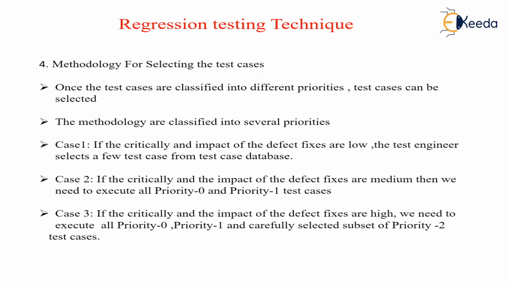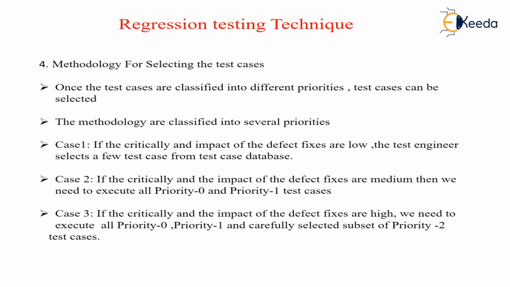Now, let us see fourth, the methodology for selecting the test cases. So, what are those methodologies? What are the criteria or methodology for selecting? Let us see. In the previous part we said that there are three priorities from which the test cases can be selected. Now there could be several right approaches to regression testing, which need to be decided on a case to case basis.